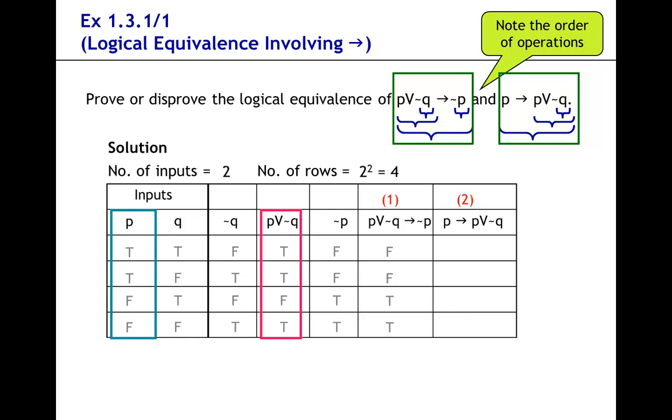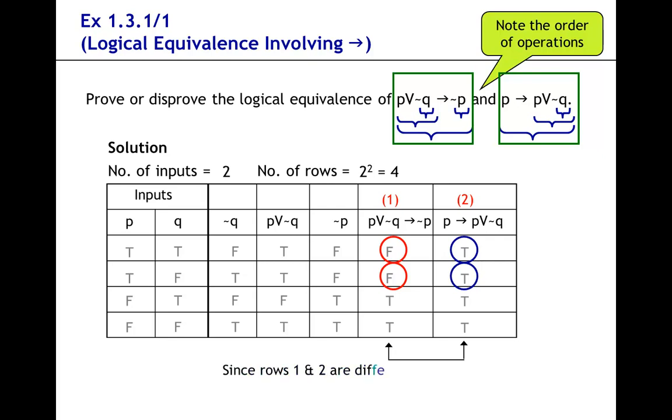Hence, all rows will have output T. To check for logical equivalence, compare the two output columns. The first row has F and T, and the second row has F and T. So rows 1 and 2 have different truth values. Therefore, they are not logically equivalent.